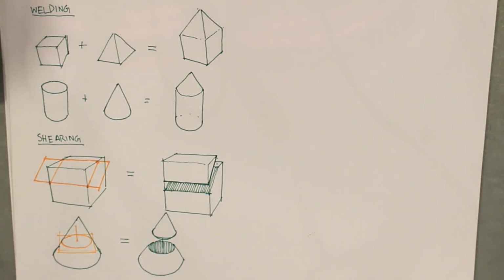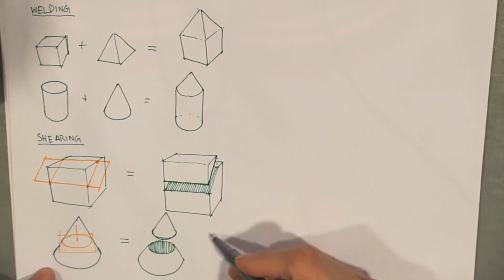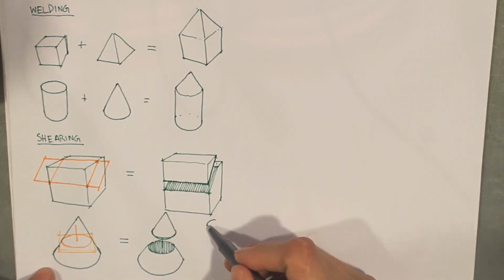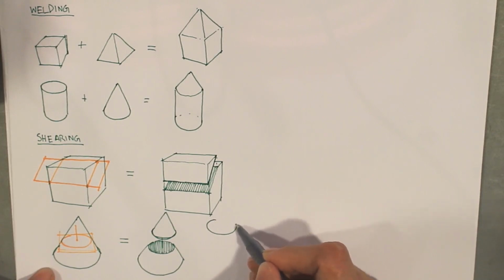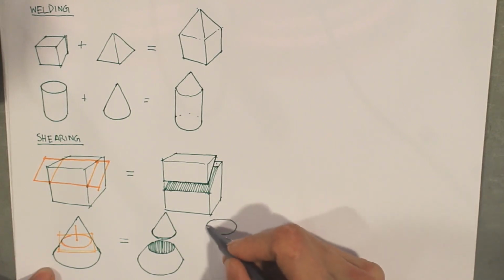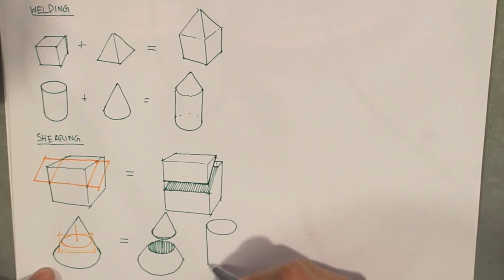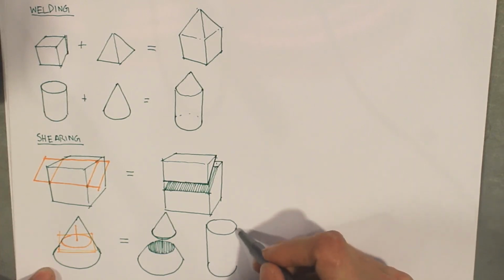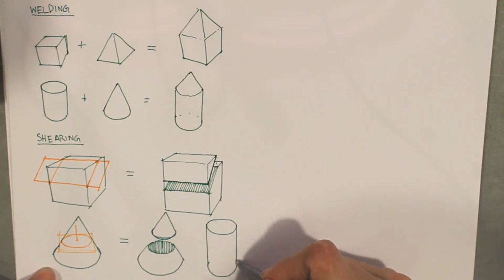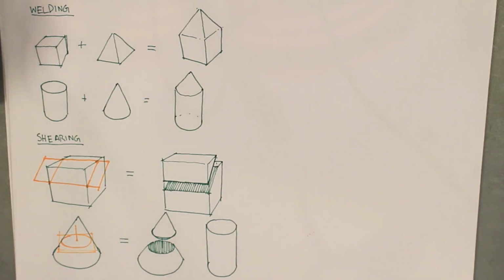A slightly more complicated transformation is if we take a cylinder and cut that on an angle. So I'll do that. All right.